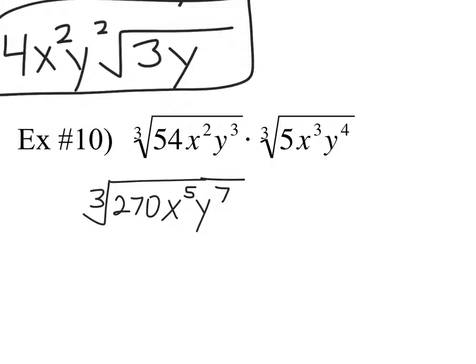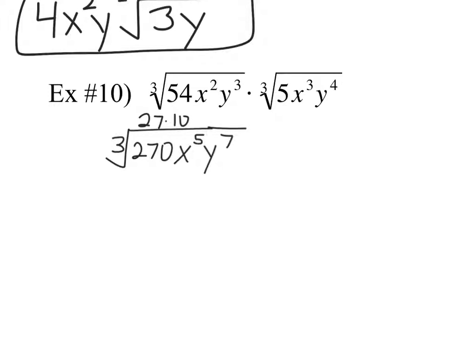You have to think perfect cubes now. Not perfect squares, but perfect cubes. And so I know that 27 is a perfect cube, and 27 times 10 is 270. So let's take the cube root of 27. What do we get when we take the cube root of 27? 3. Good. And then we leave behind the cube root of 10. Okay, don't forget that little 3 there.